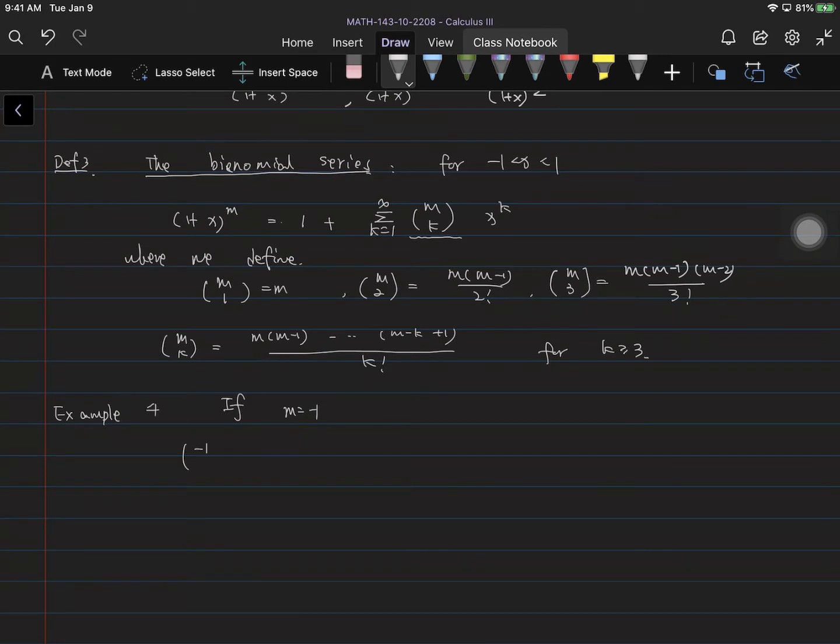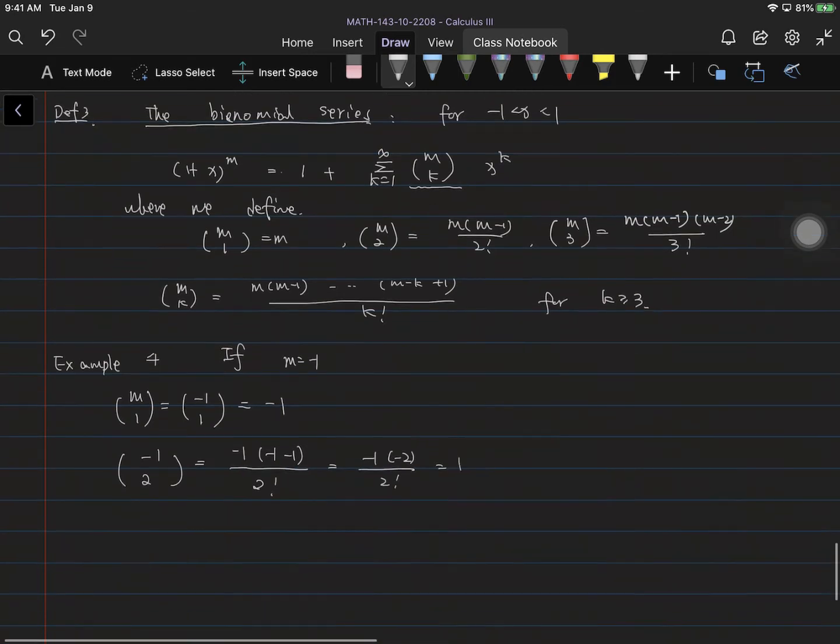If I write down m choose 1, that means -1 choose 1, and in this case this equals -1. So let's see, -1 choose 2 equals what? Here we have two terms on the top: -1 times (-1 minus 1), which is -1 times -2 over 2 factorial, which equals 1.